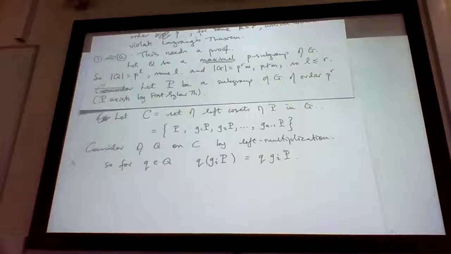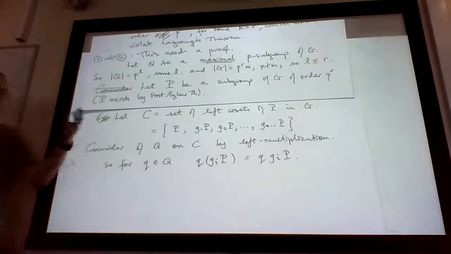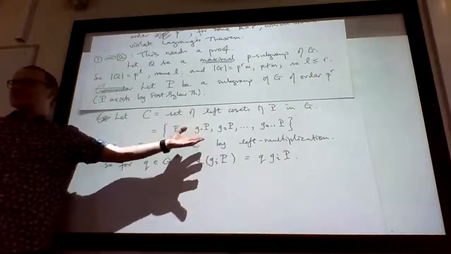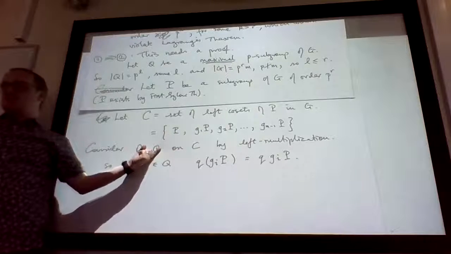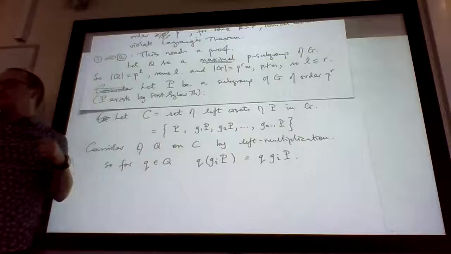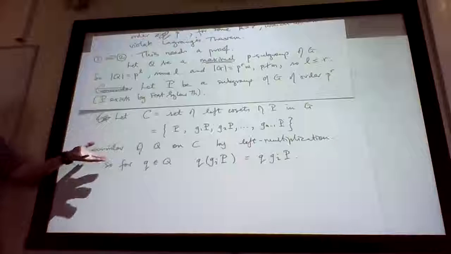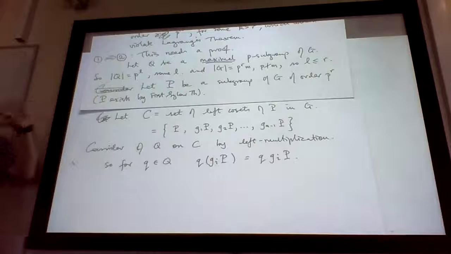Now we do our counting. Remember in the language of group actions, we had a group G acting on a set X. So Q is the group here, and the set X is this set C of cosets. And remember this general technique, which gave rise to the class equation. It's not called the class equation here, since the class equation refers to the action by conjugation.